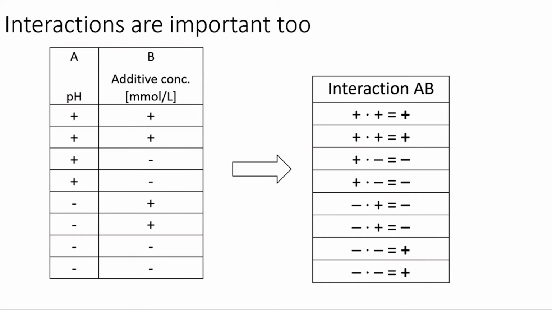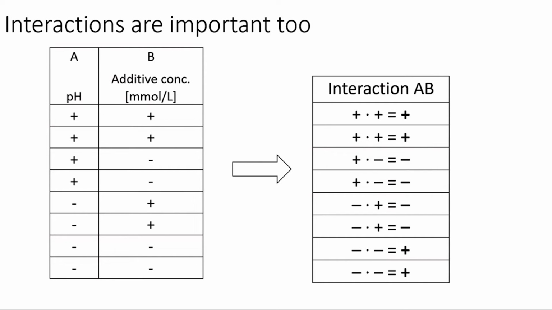Because the previous result we could have also just gotten from a one factor at a time approach. But what we can now do is monitor an additional effect, for example, the interaction of the pH value and additive concentration. To do this, we expand our table in a quite simple manner of multiplication of factor levels.